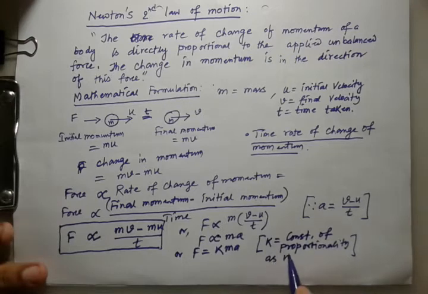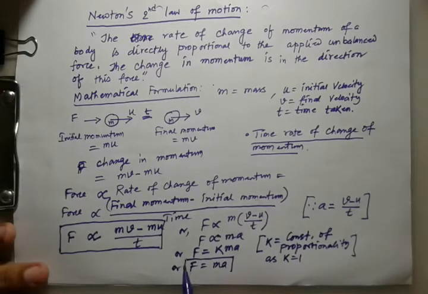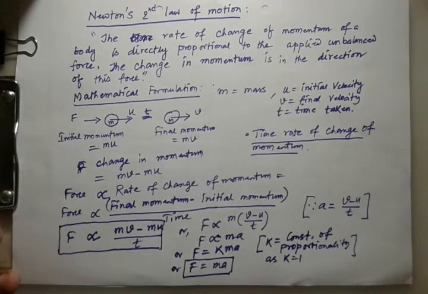As k is equal to 1, F is equal to m into a. This is the formula for the second law. Already you know the formula, F is equal to m into a, mass into acceleration. In this way the formula has been derived.